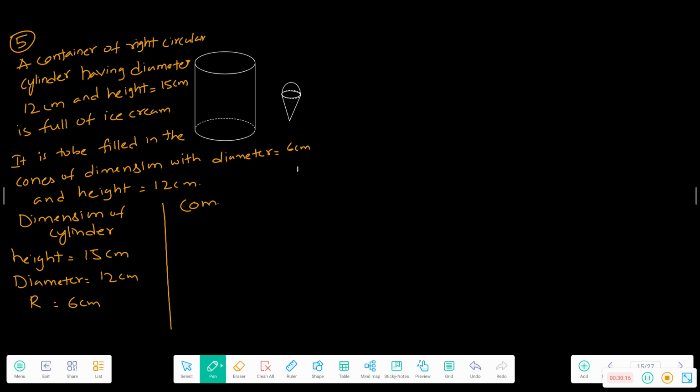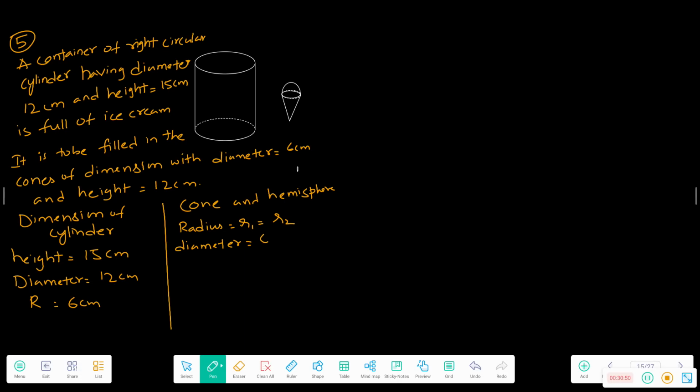Next, the cone and hemisphere. Here their radius is the same, radius R1 is equal to R2, but they have given the diameter here also.